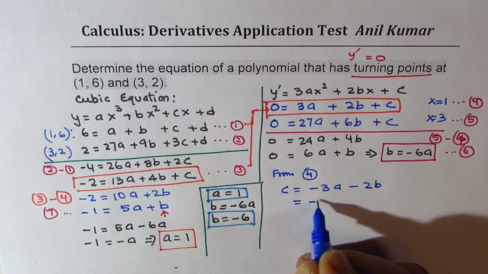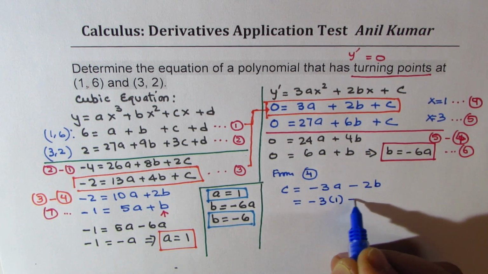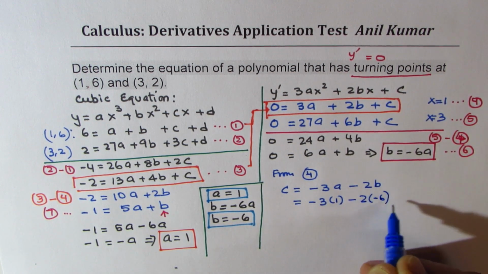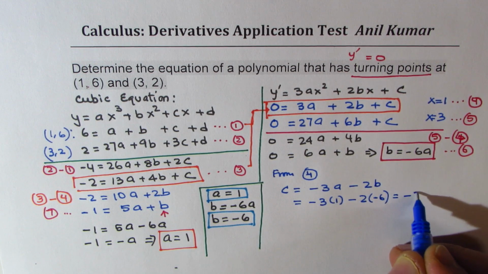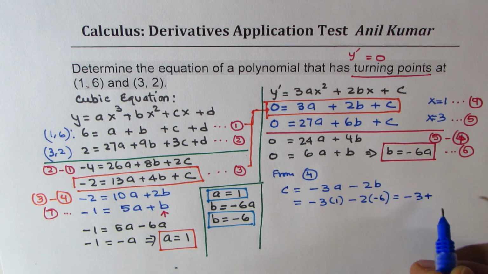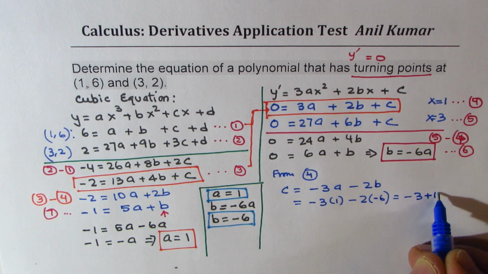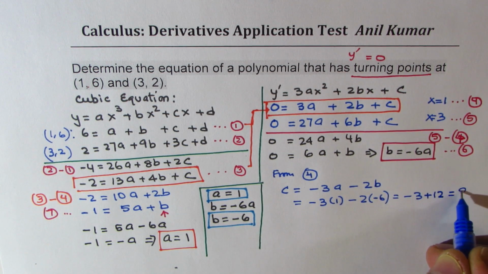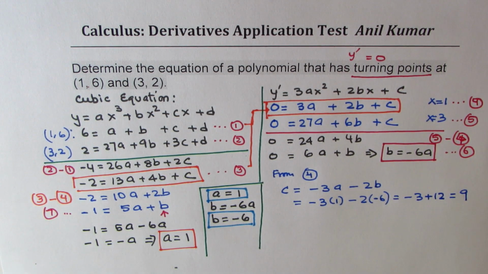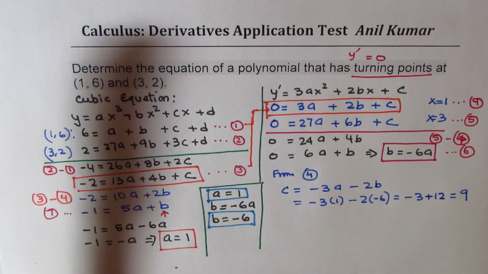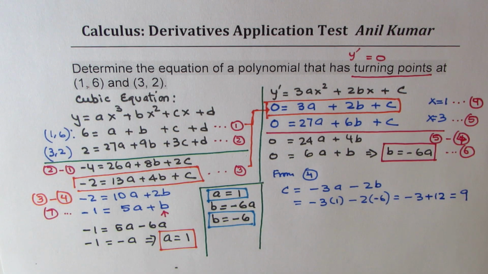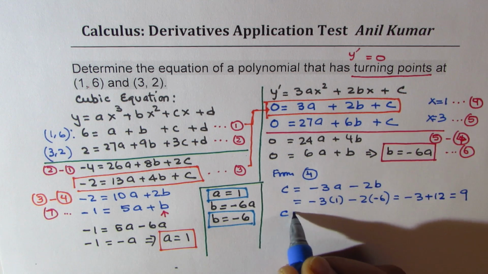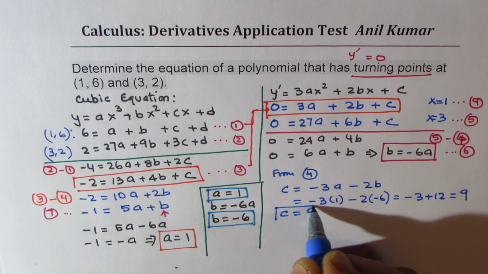So that gives us minus 3 times 1 minus 2 times minus 6, which is minus 3 plus 12, and that is 9. So we get c equals 9.